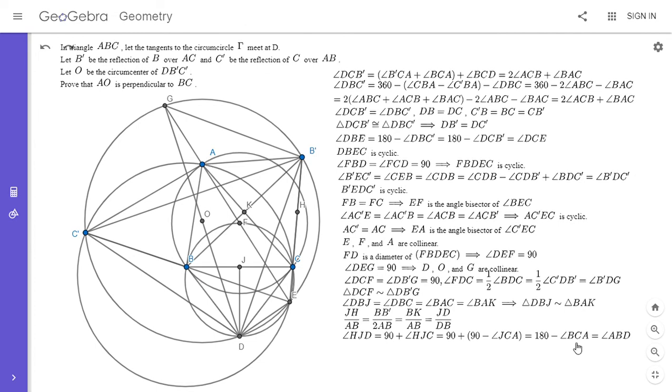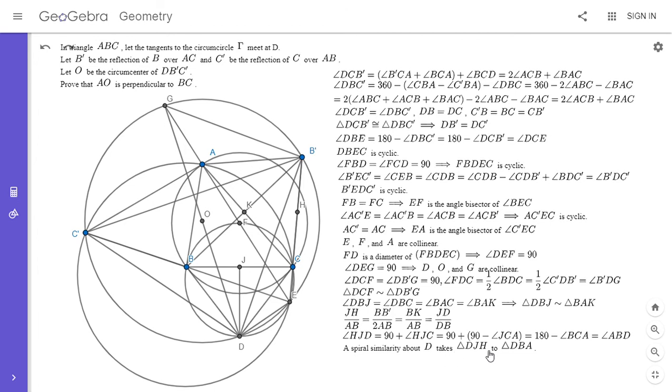Angle AGB is 180 minus BCA. But AGB would be the same as angle ABD because BD is tangent to the circle. Okay, so we showed that angle HJD is equal to angle ABD, and so we did the last part of what we need to show those two triangles are similar.